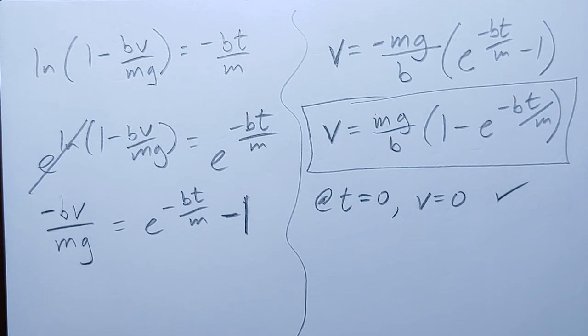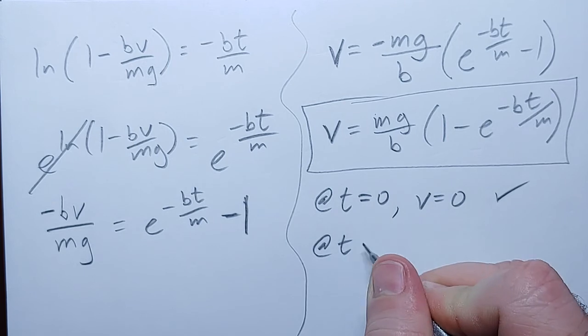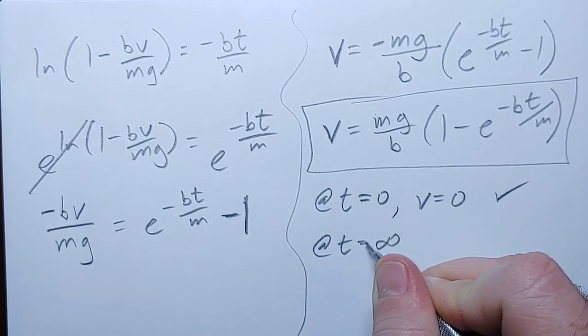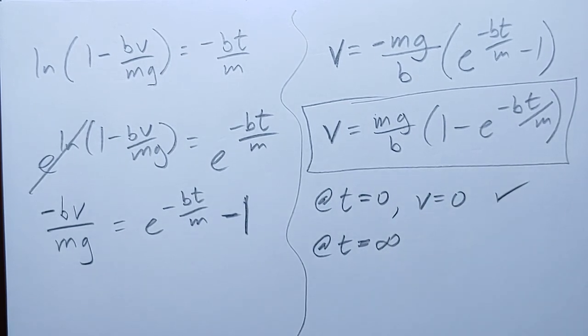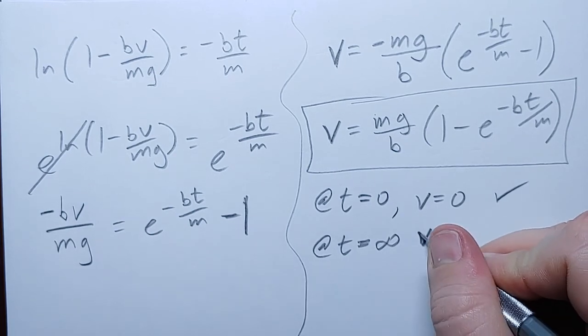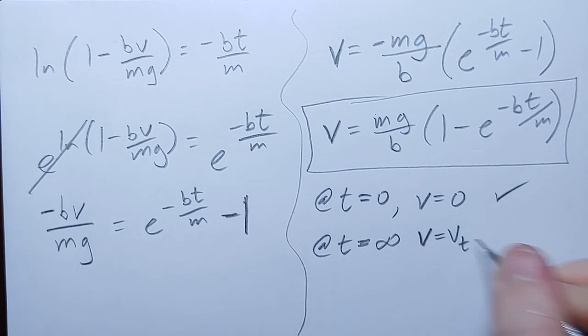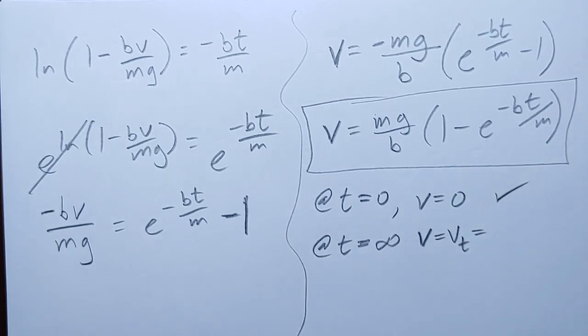The other thing is that if we wait long enough, so if we plug infinity in for the time, we know that we are reaching terminal velocity. And so our velocity, or our speed, should be our terminal speed, and we already solved for what that is, right?